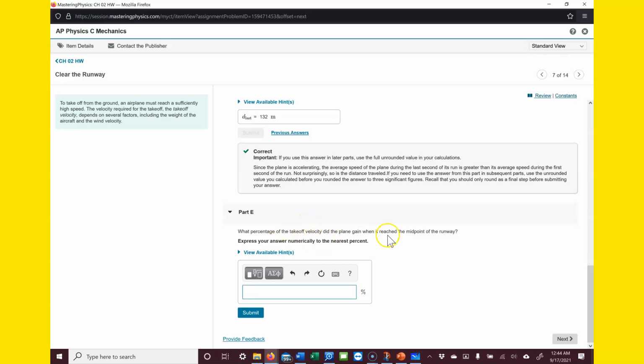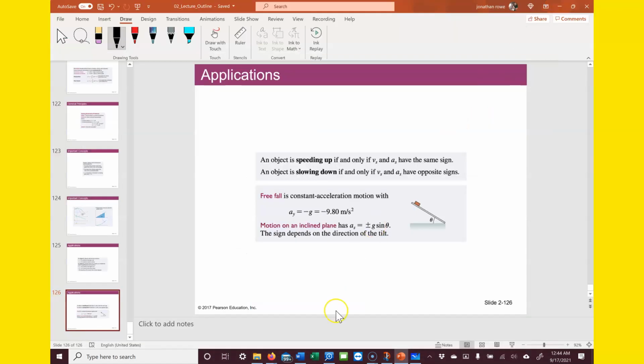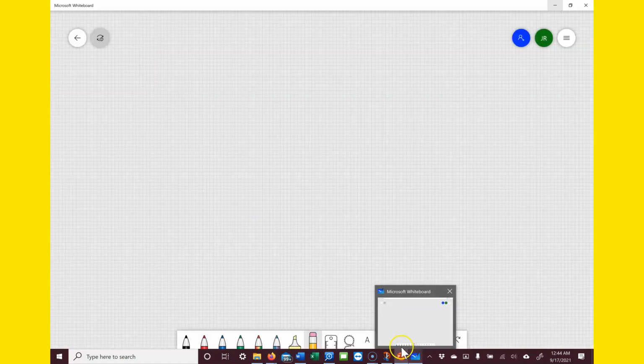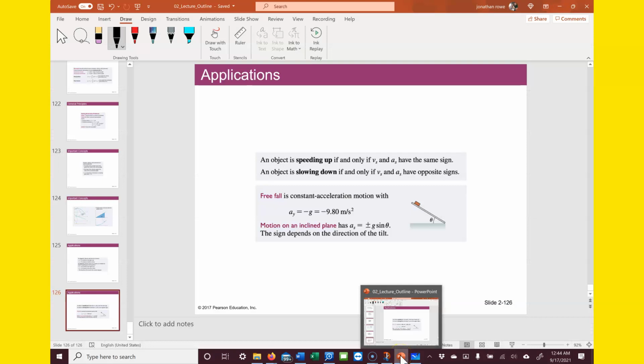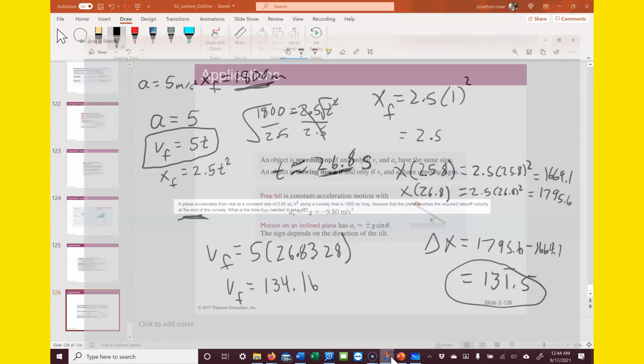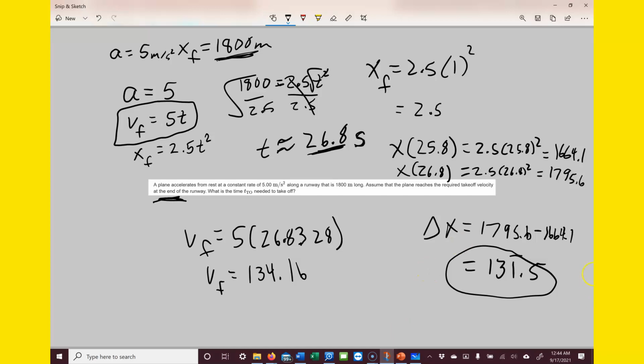What percentage of the takeoff velocity did the plane gain when it reached the midpoint of the runway? Okay, the midpoint of the runway. Gotcha. Yeah, that's an interesting problem. Let me get myself some room here.